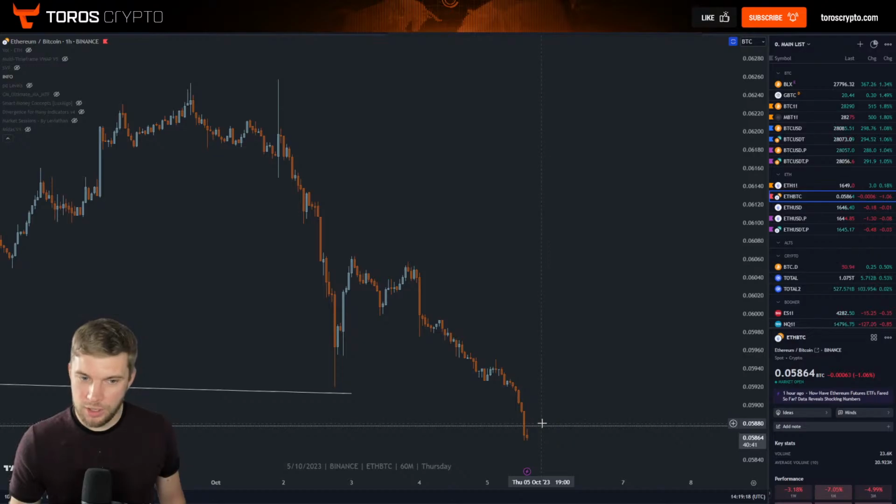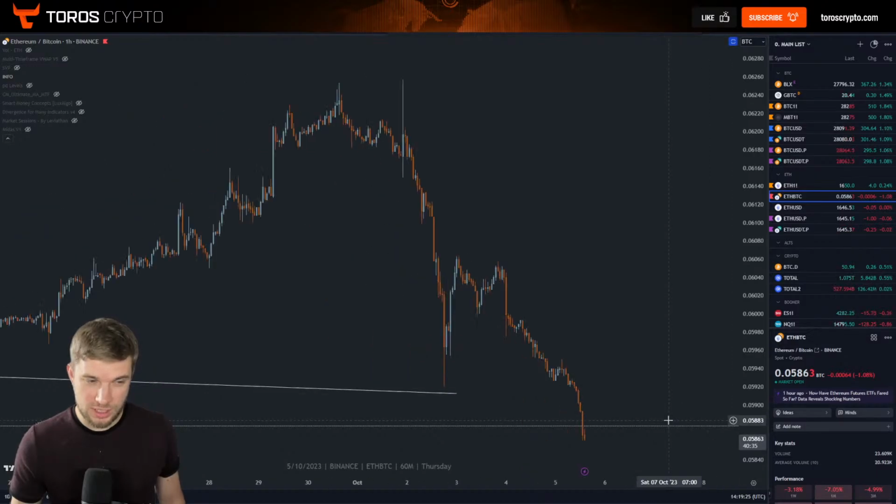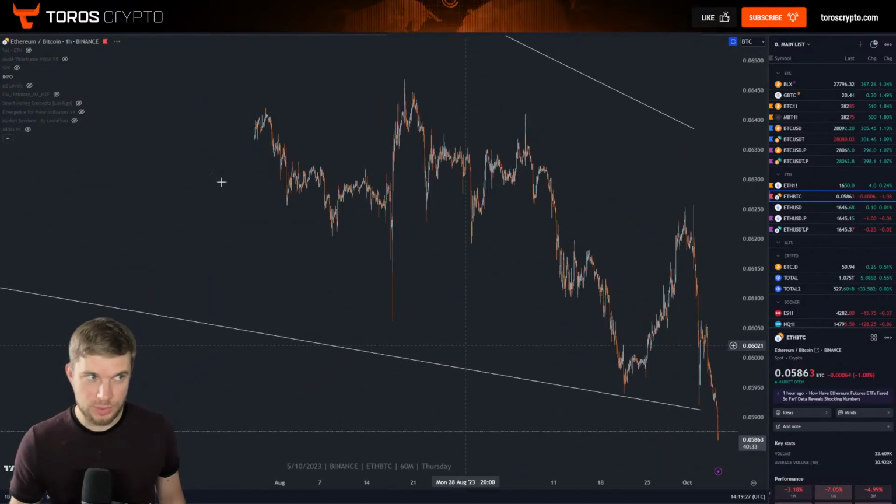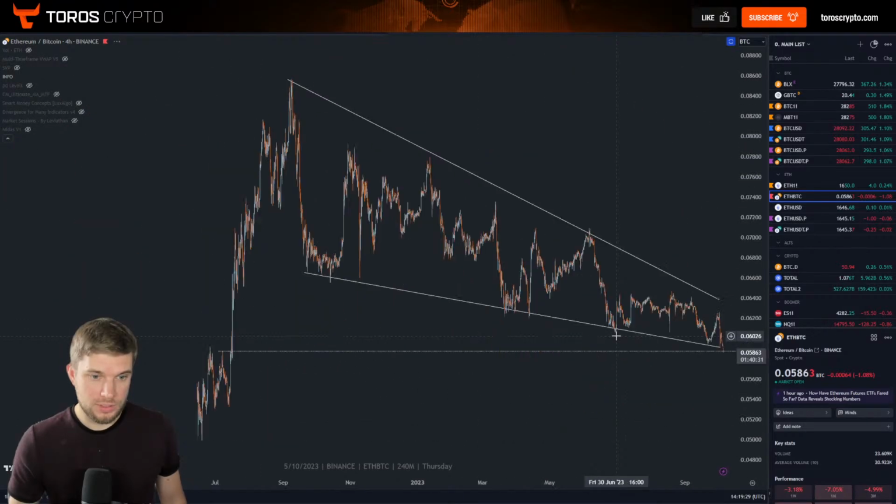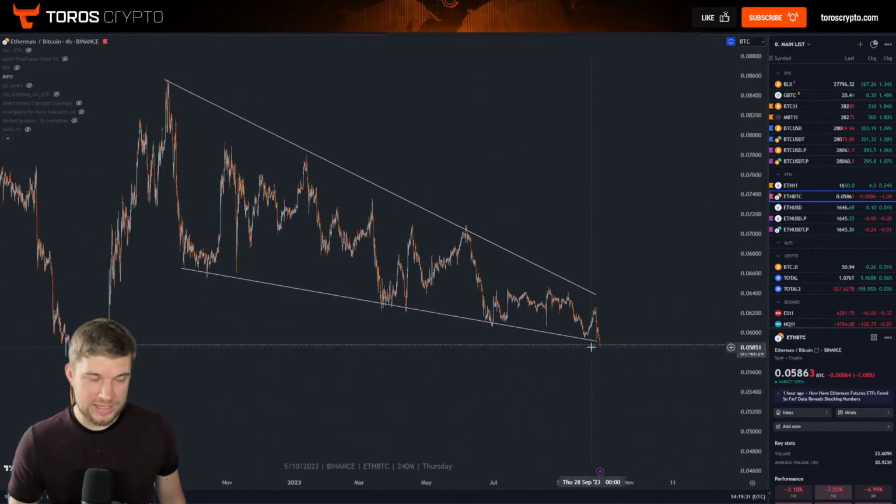So we came below 0.0588, which was where my alert was, which is where I wanted it to go. I was not considering anything until we went down there. So the fact that we are down here means I'm now looking, it might come all the way lower. It might come down to like 0.055 or something like that. It might come back down into here.